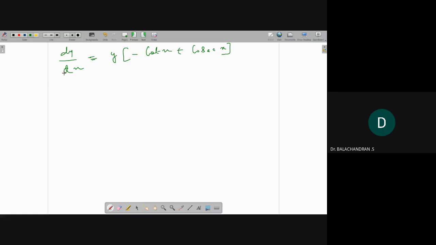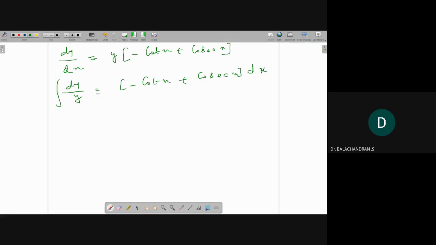Okay, now dy by y equal to minus cot x plus cosecant x into dx.